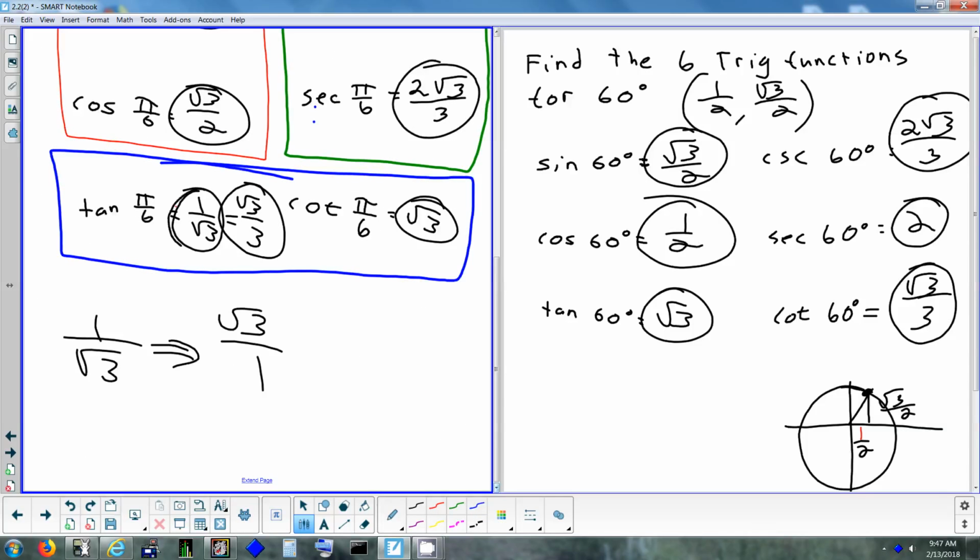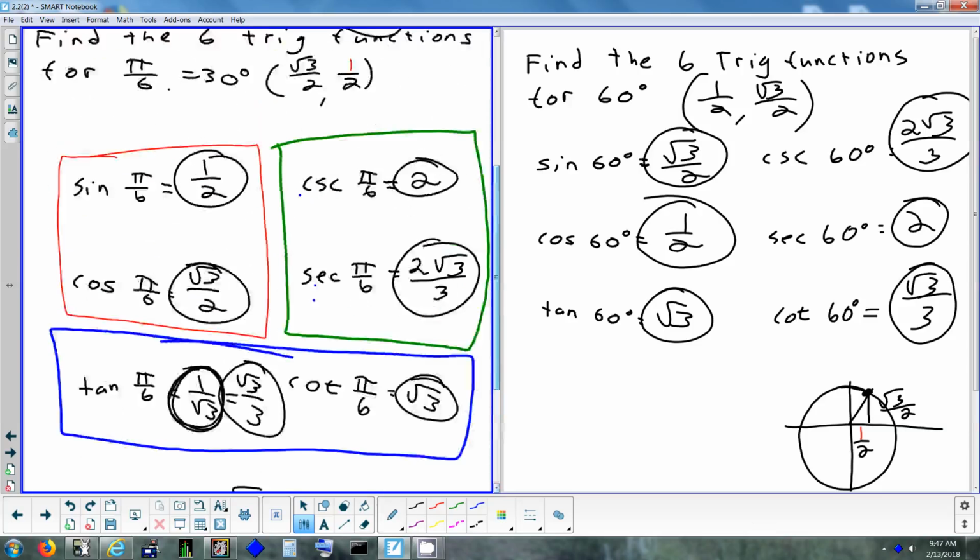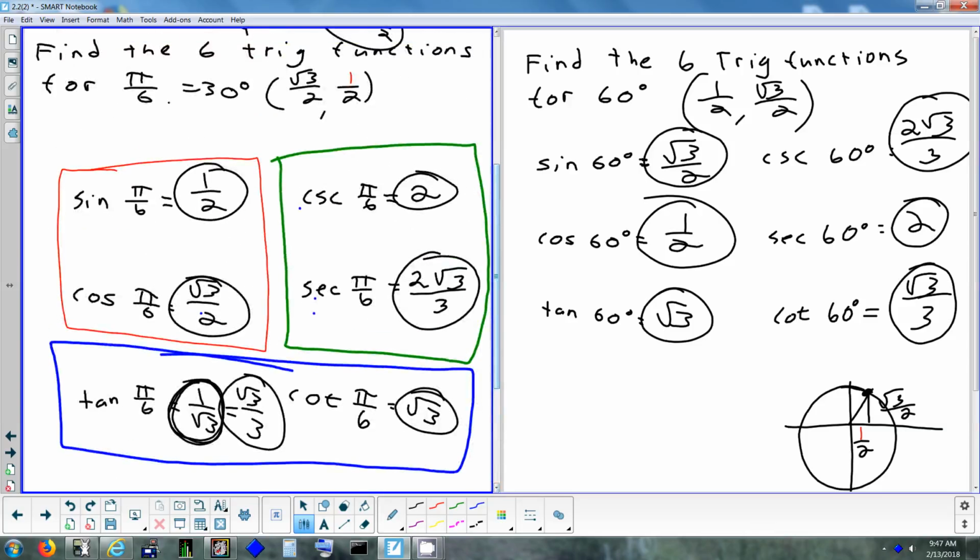I just took tangent and flipped it. That is x over y. What's nice about flipping this is we've already reduced some of the stuff out of it. If you go back to the beginning and take x over y and flip it, you're going to have to cancel the 2's out again. So I just used the version that already had it canceled. And that's how we got the square root of 3. Just flip the tangent. Okay. Any other questions on that?